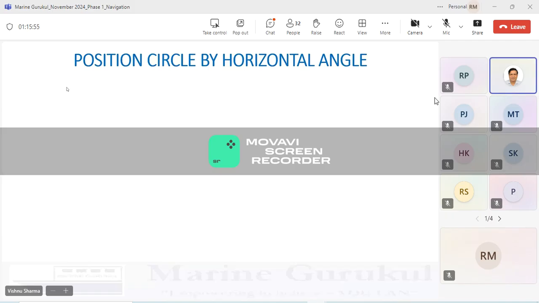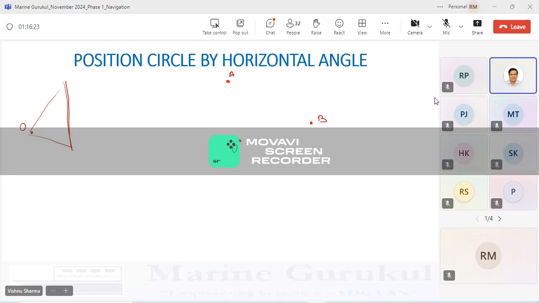Guys, we just said that if this is a vertical object and the observer is here, then this angle is the vertical angle. Now suppose this was not in the vertical plane. Suppose on the horizon of the sea, you had a lighthouse A here and a lighthouse B here, and the observer is here.